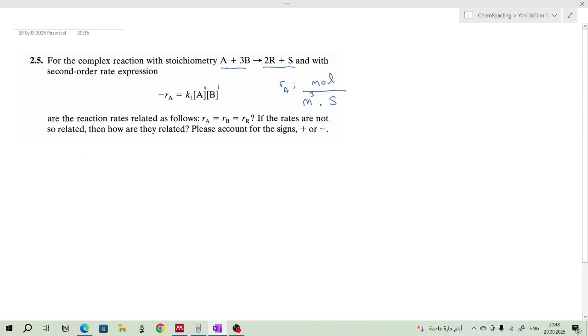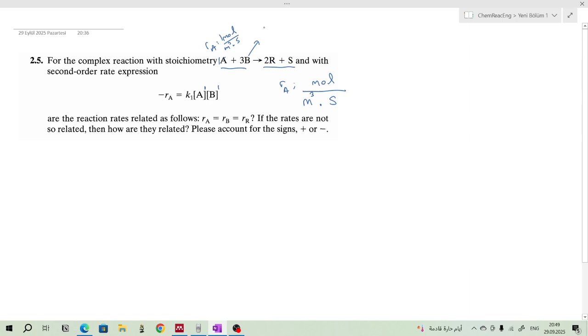But for this problem, we only need to relate the reaction rates of different species in a reaction. Are they related with the coefficients between them, or is there no relation? Since we have the reaction in the same medium, if we produce 1 mole of A, which has a coefficient of 1, at the same time interval, let's say 1 second, I'm producing 1 mole per meter cube second of Ra, in the same volume.